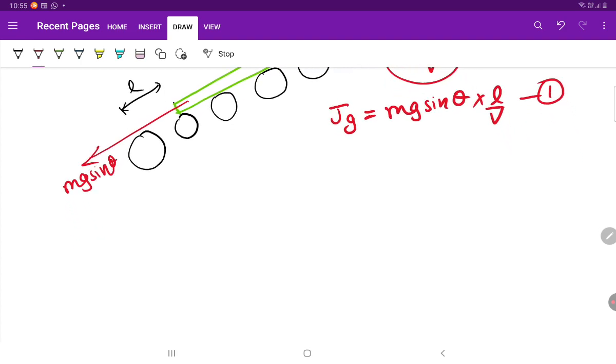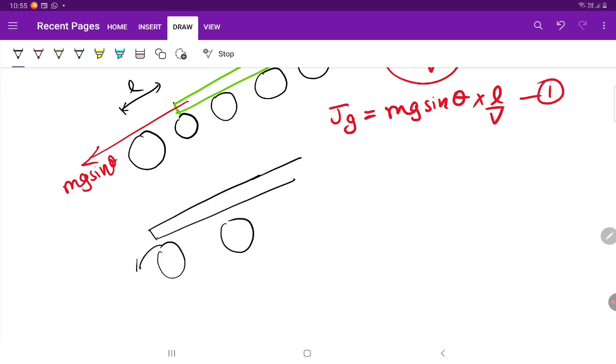Now when the green colored plank steps on the next cylinder, it will attain some omega, and omega is given as V by R. The situation will be just symmetrical to the previous frame, meaning these two frames are symmetrical, so there will be some impulsive friction on the roller so that it will gain some omega.